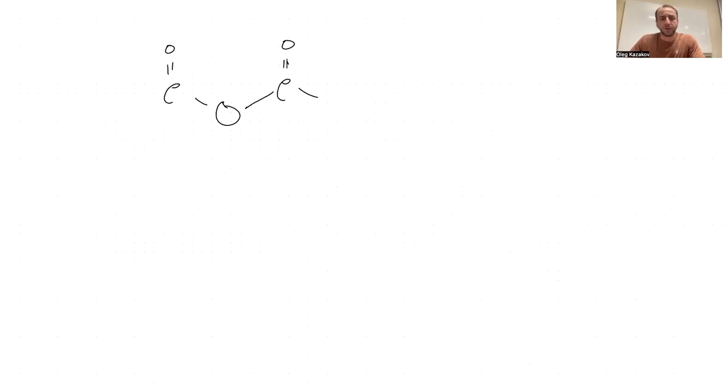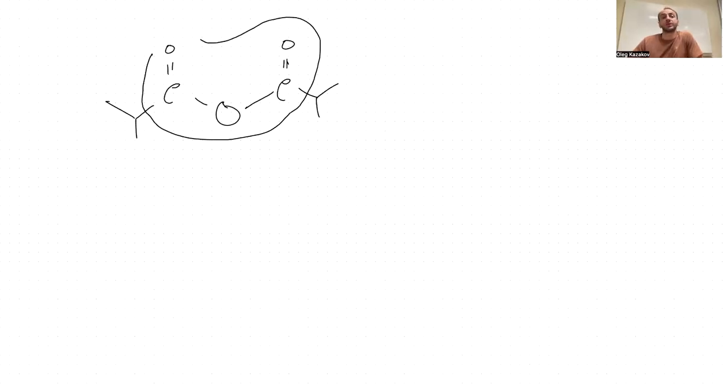This is not an ester, but an anhydride. This is our anhydride functional group, COOCO, attached to some sort of alkyl chains. Two isopropyls, maybe ethyl and methyl, so the opportunities are pretty much infinite.